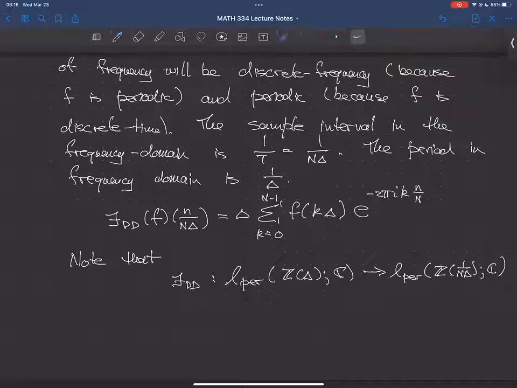Both of these spaces are finite dimensional, as we've talked about before. So there are no technicalities you have to play around with here. This is just a finite dimensional linear map, and you can represent it by a matrix if you choose bases for these spaces, and you can choose bases based on these harmonics. All right, so those are our four transforms.